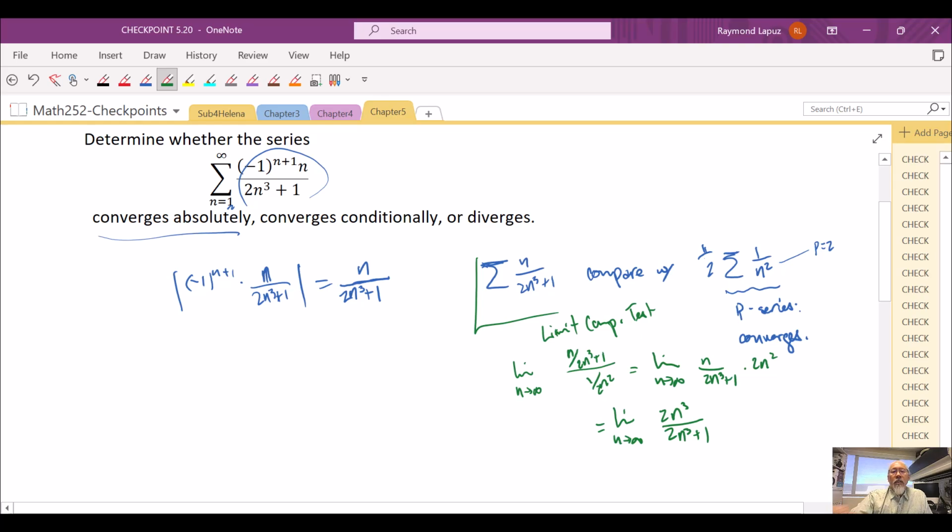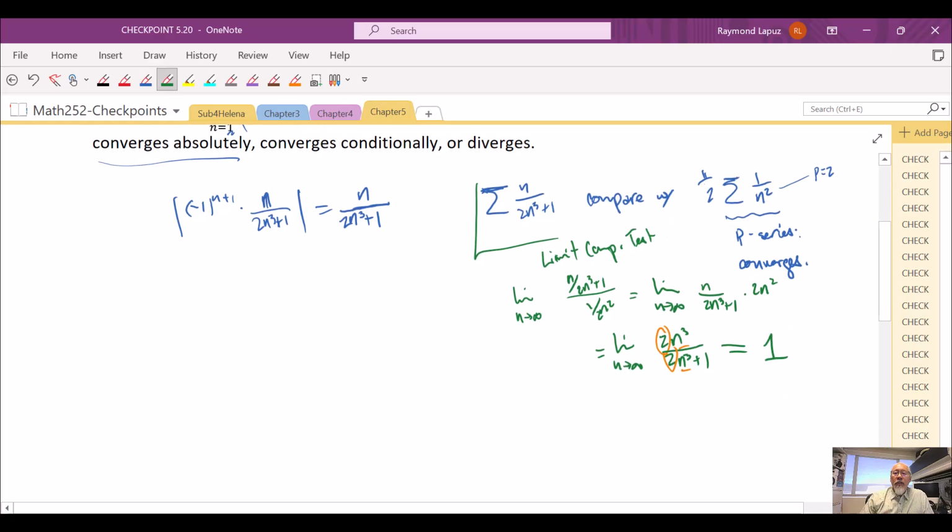When the degree of the polynomial in the numerator is the same as the degree in the denominator, the limit is simply the ratio of the coefficients. Another way is to divide both the top and the bottom by n cubed, and then we'll see something going to 0. Either way, this equals 1, which is not infinity or 0.